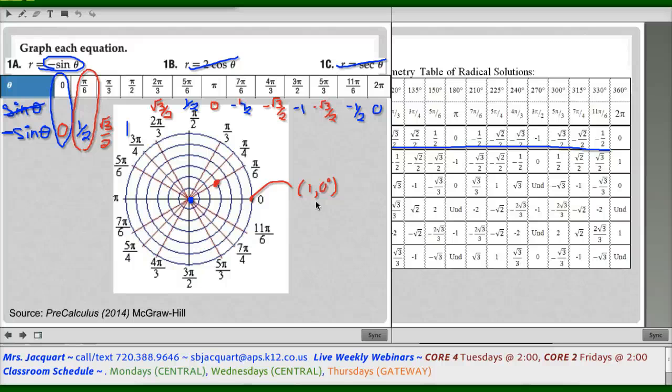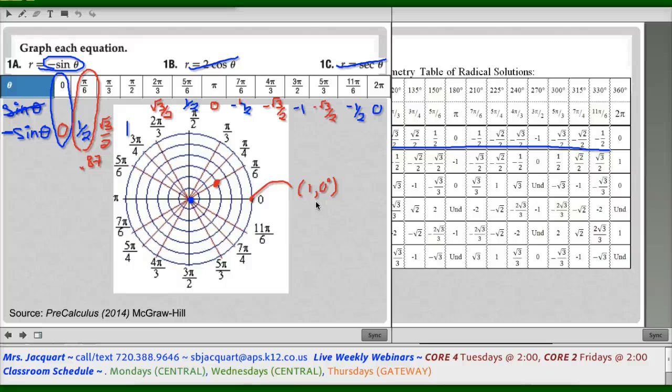And square root 3/2 is, I think it's 0.8. Where is it? 0.86. We'll put 0.87. So for the square root 3/2, we're going to go 0.8.